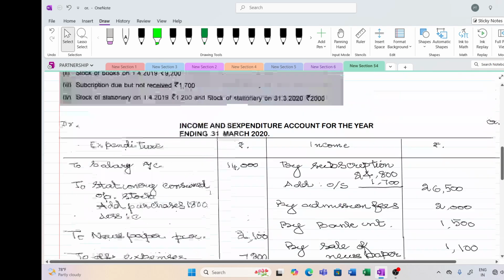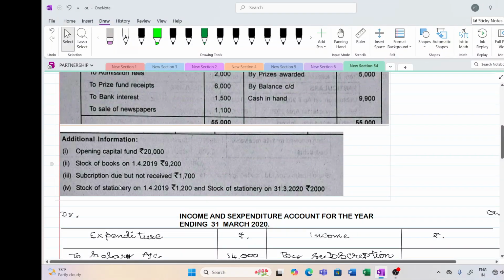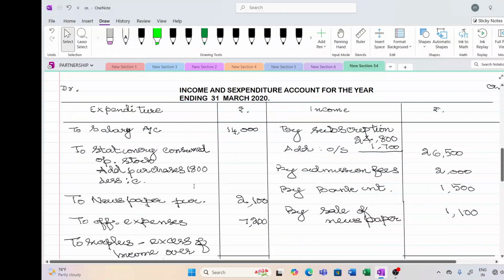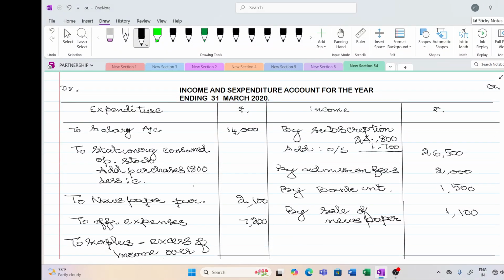So now moving on to the next one, consumption of stationery. There was an opening stock of 1,200, closing of 2,000. So opening stock 1,200 and we have purchased for 1,800.